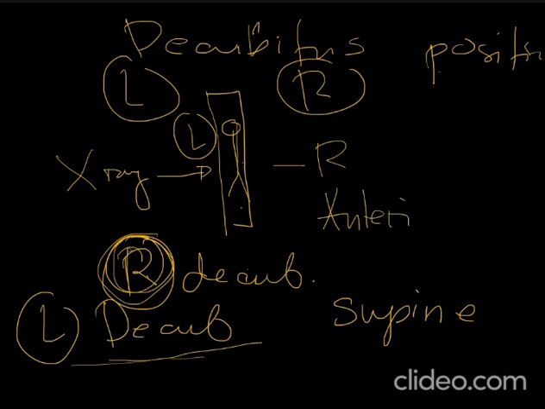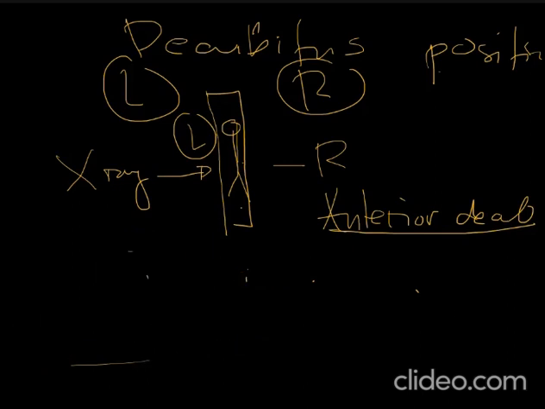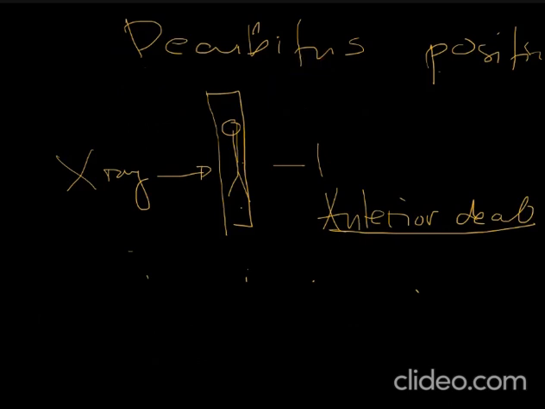So when we say, for example, anterior decubitus, the patient is not supine. The patient is on his side, in a lateral position, but the X-ray tube is facing the anterior portion of the patient. So he is on his side, and the X-ray is at the anterior portion and it will pass through the posterior portion.